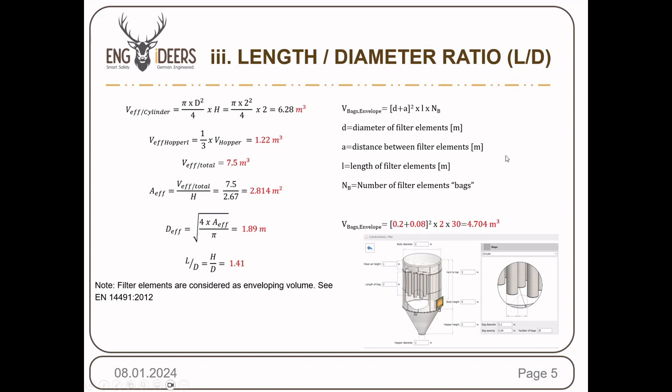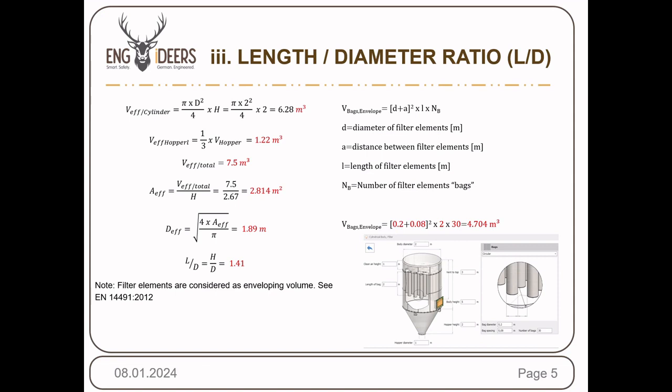And there is also a rule which says that you can also deduct the enveloping volume of the filter from the raw gas side when the filter bags are close enough together, which means if the distance between filter bags is, as far as I remember, less than 1/3 times the diameter.